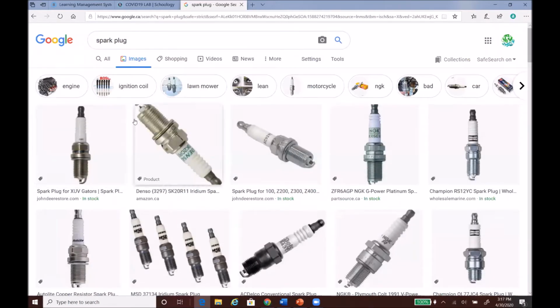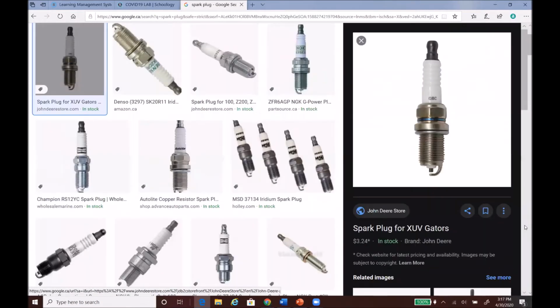If I was to click on one of these images, you'll see there's a little gap here. In this little gap, there'll be an electrical discharge. And that electrical discharge would then ignite some sort of fuel.